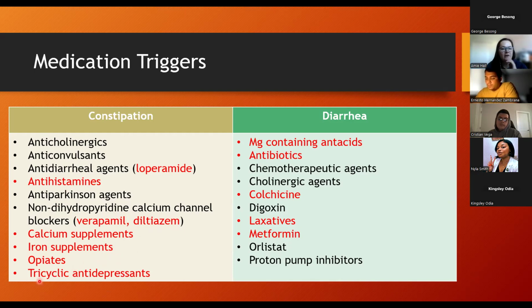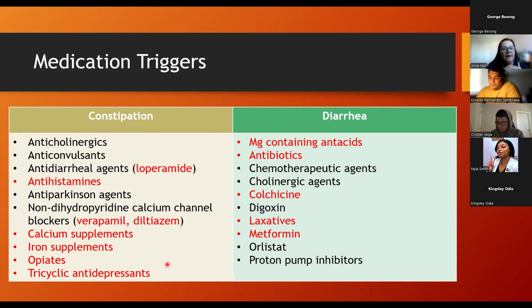And tricyclic antidepressants. This would be things like your amitriptyline, probably the most common. I'm not sure if that's on your top 200 drugs, but I think it would be on there, amitriptyline. We're going to talk more about these tricyclic antidepressants because these are some of the drugs that we can use for treatment of this disease. So we do need to be mindful of that. Tricyclic antidepressants are anticholinergics. Can't see, can't pee, can't spit, can't, right?